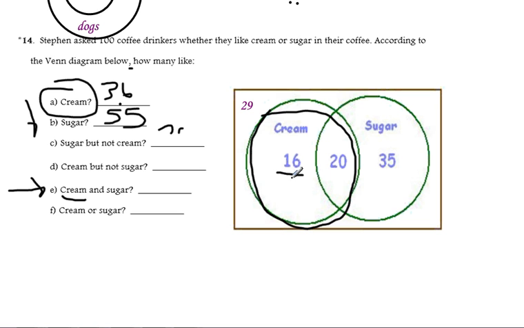These people are inside the cream circle. These people are inside the cream circle. And let's highlight the sugar circle. These people are inside the sugar circle. These people are inside the sugar circle. How many of them are in both the cream and the sugar circle? Well, that would be the one that we highlighted both black and yellow. So that would be 20 people.